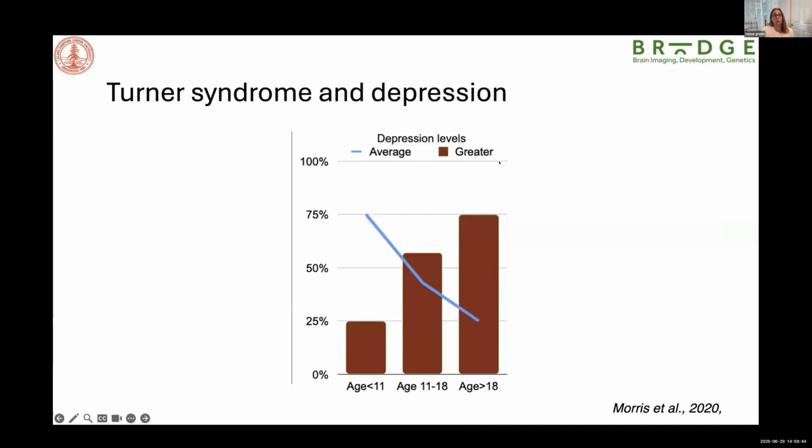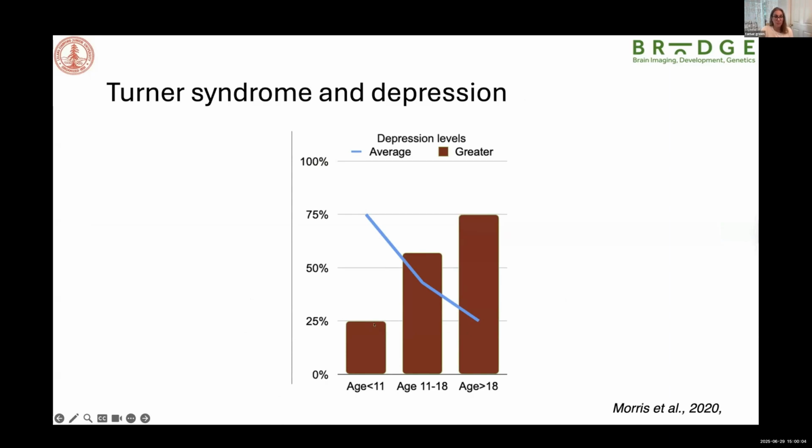And just to illustrate what I was talking about before, on the x-axis we see three groups: girls that are younger than 11, teens between 11 and 18, and over the age of 18.